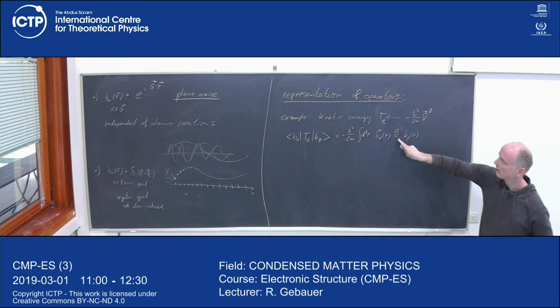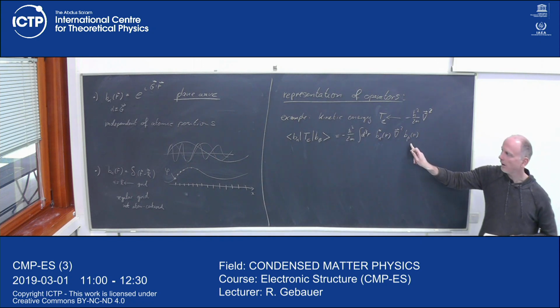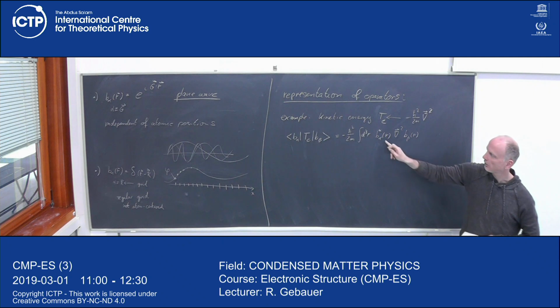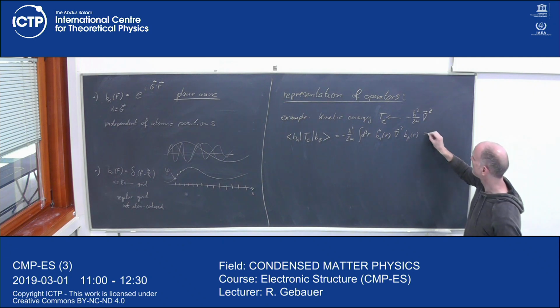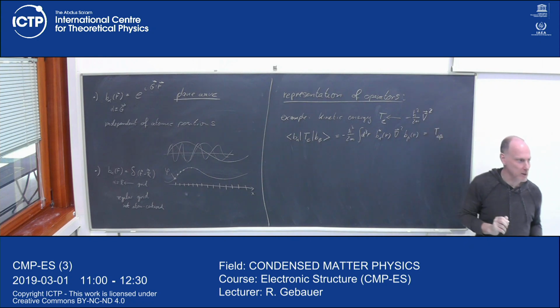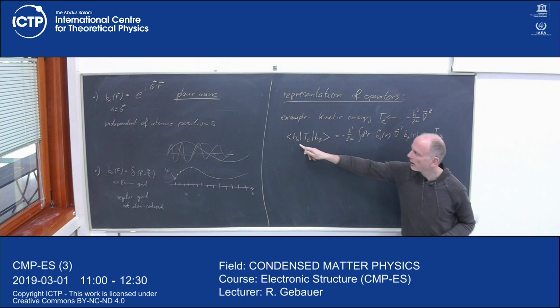So you take the second derivative of a basis function, you calculate the scalar product of the result with another basis function, and this gives you T alpha beta, a matrix element between the basis function alpha and beta.